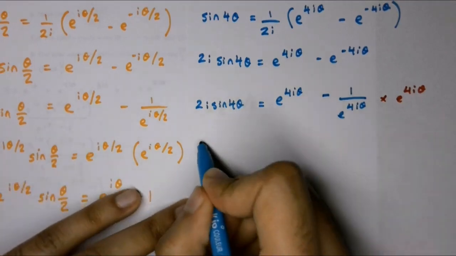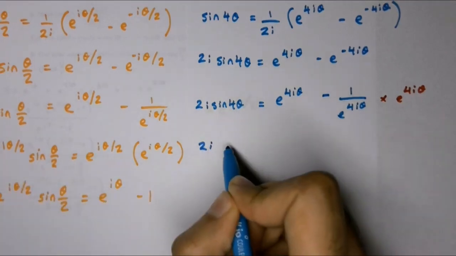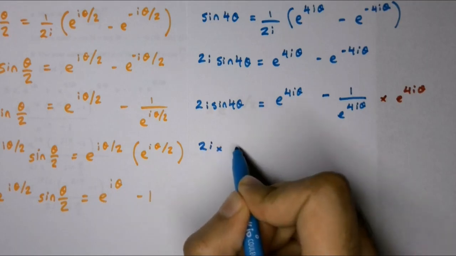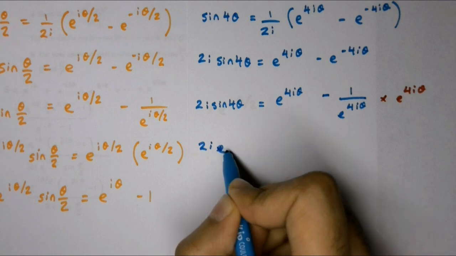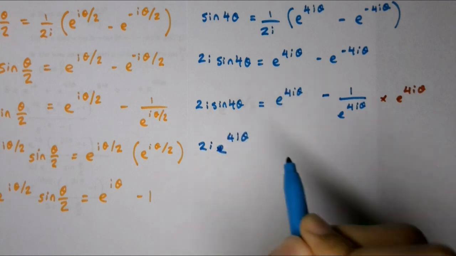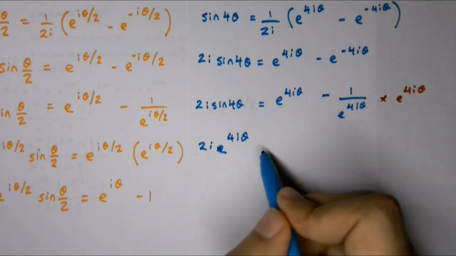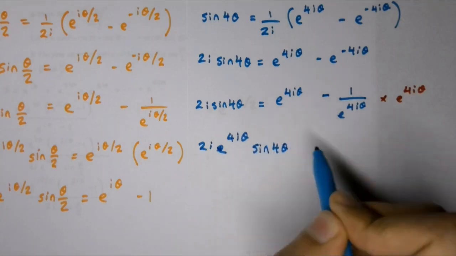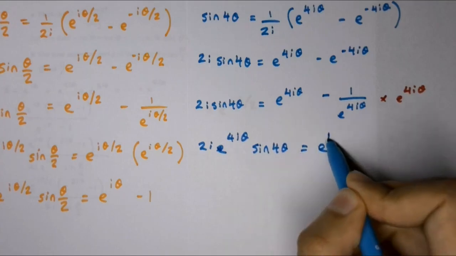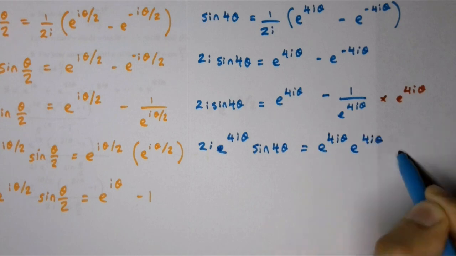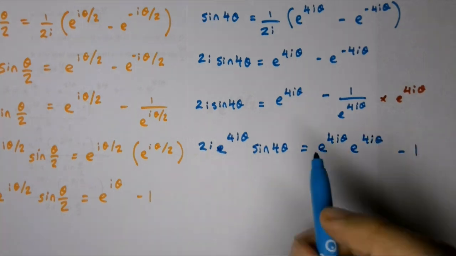We'd have 2i multiplied by e to the 4i theta times the sine of 4 theta. This is equal to e to the 4i theta times e to the 4i theta minus 1.